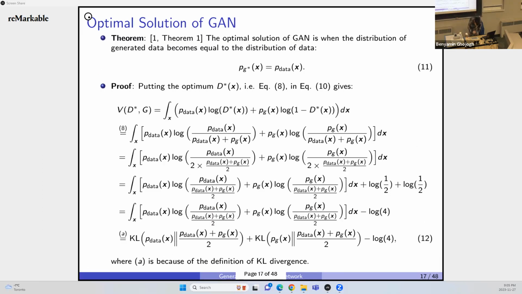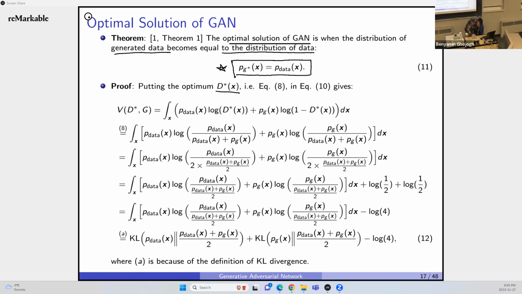Now another theorem. The optimal solution of GAN is when the distribution of generated data becomes equal to the distribution of data. It's obvious, right? But it has a proof. Intuitively, it's obvious. When G is very good, PG star X is P data X. Well, let's see. Put the optimum D star X that we just found in the loss function.